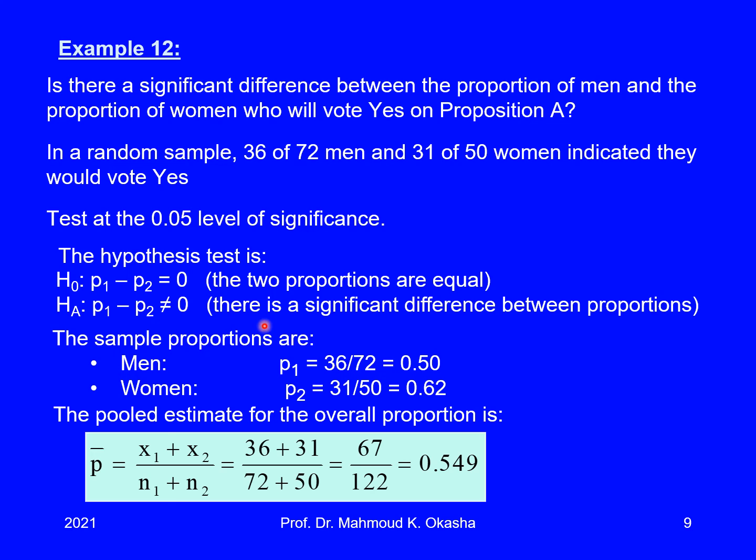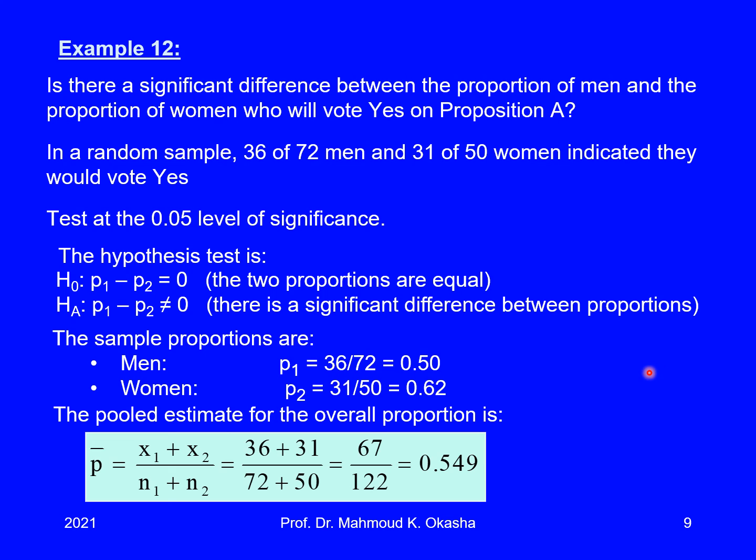So we calculate the sample proportions. The first sample proportion P1 equals 36 over 72, which is 50%. And the second proportion, for women, equals 31 over 50, which is 0.62.